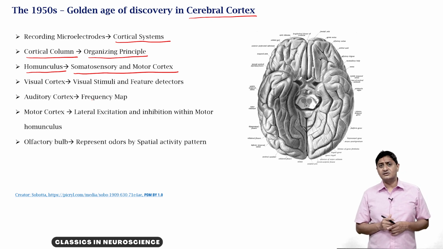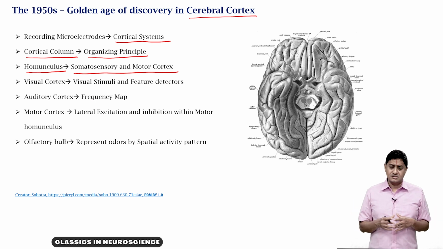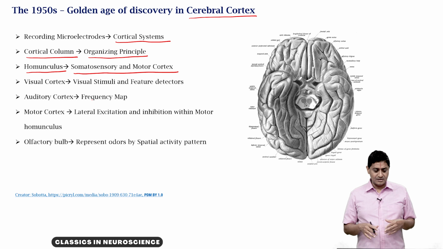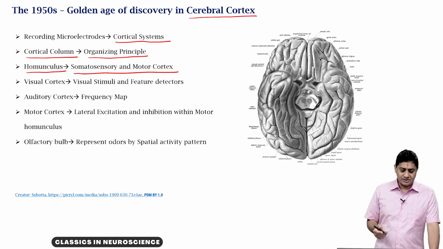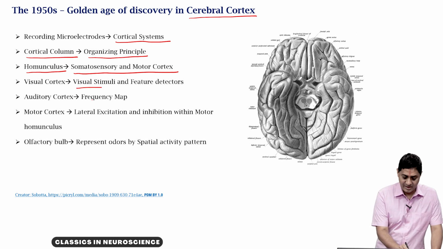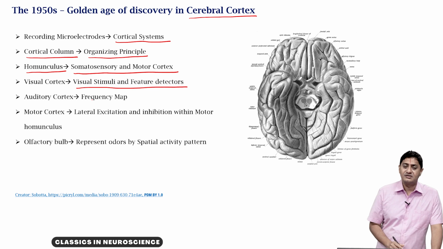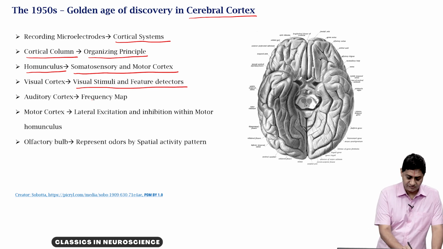Later, not one, but more than one homunculus was also shown to be present in the cerebellum. Of course, in the visual cortex, visual stimuli, feature detectors and frequency mapping were also found, and a frequency map in the auditory cortex was found.